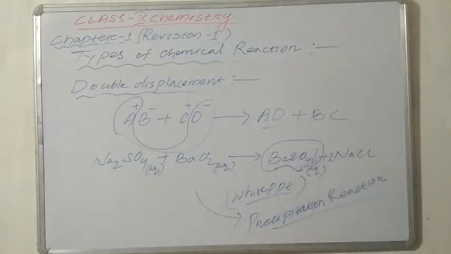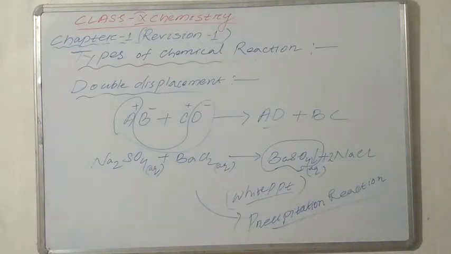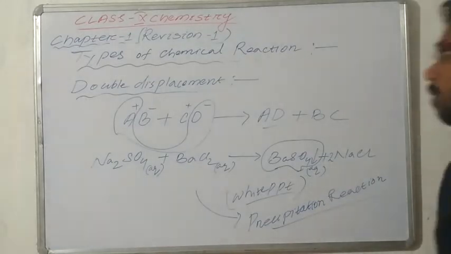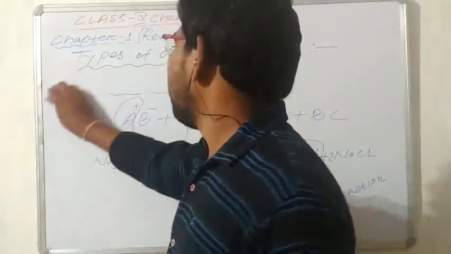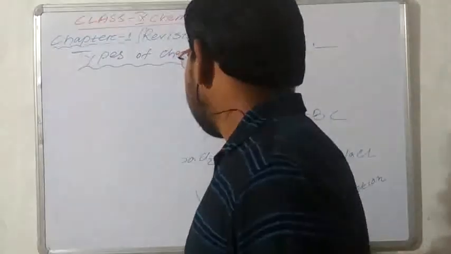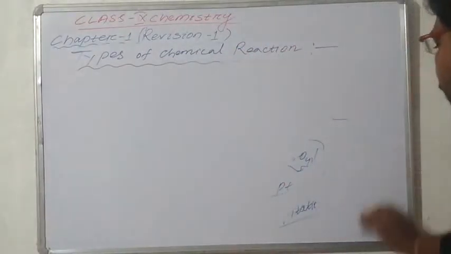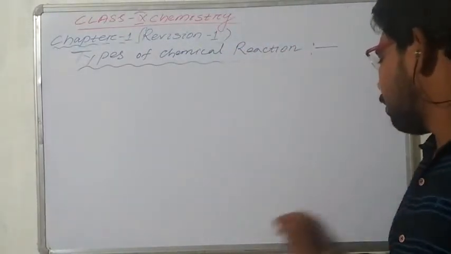So this is one of the most important types of reactions. The other type we will discuss is also very important and comes many times in exams: oxidation and reduction reactions.